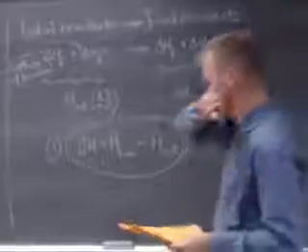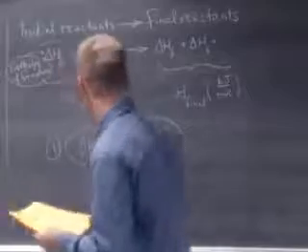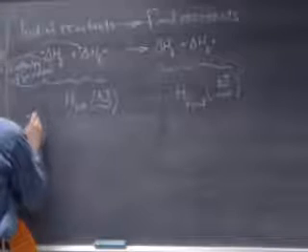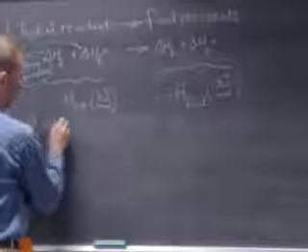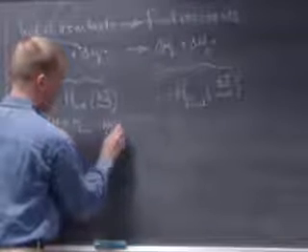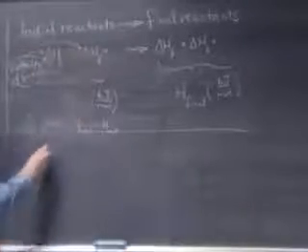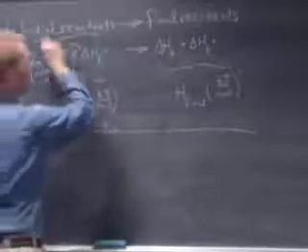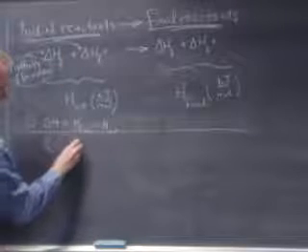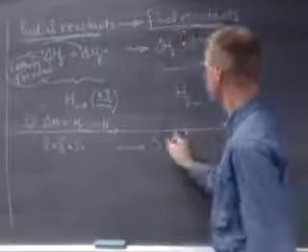Step 2, you have the entropies of each of the initial reactants. I'm going to make a little more room here. Okay, so I've got, for the initial reactants, I have the entropy of the first one, plus the entropy of the second, plus the entropy of the third, so on like that. And for the final reactants, I've got the same thing.